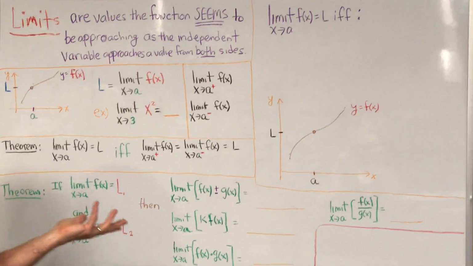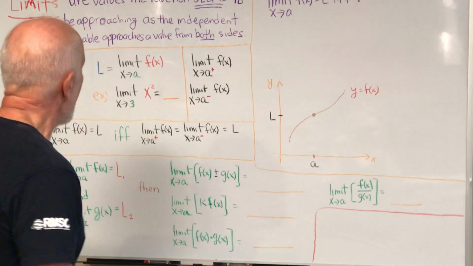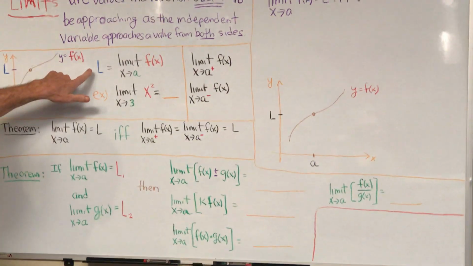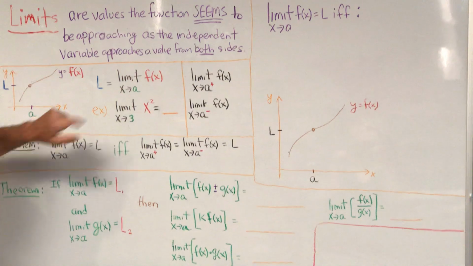So, let's see if you can do a problem without me even showing you anything more. Well, this is how you say in mathematical symbols what I'm saying up here.